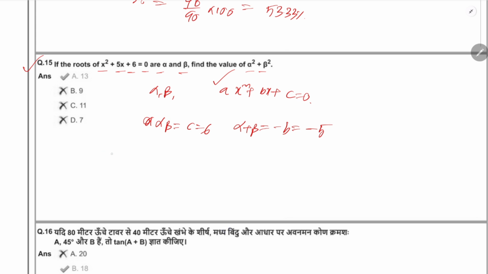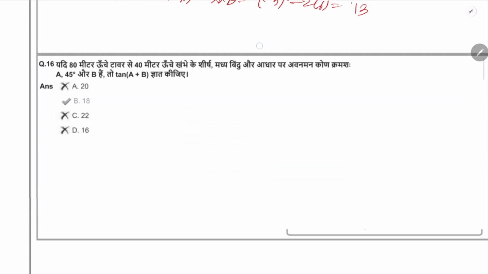So alpha square plus beta square is equal to alpha plus beta whole square minus 2 alpha beta, equal to minus 5 whole square minus 2 into 6, equal to 13. So option A is correct.